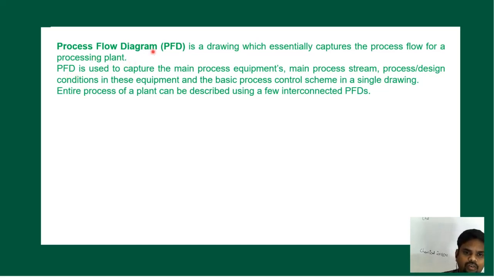So a PFD, process flow diagram, is used to capture the main process equipment, main process streams, flowing units, then process or design conditions like temperature and pressure at which they are operating, and the basic process control scheme in a single drawing. So this you will learn slowly. That means around the 7th or 8th semester, you are going to learn about basic process control.